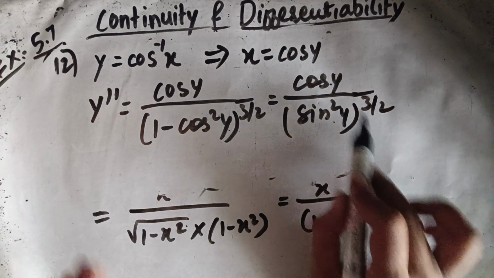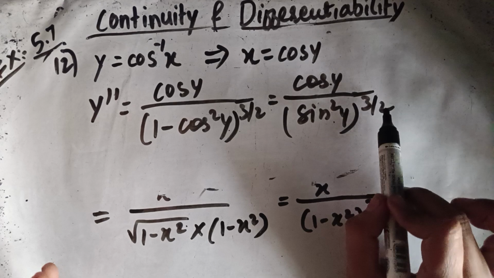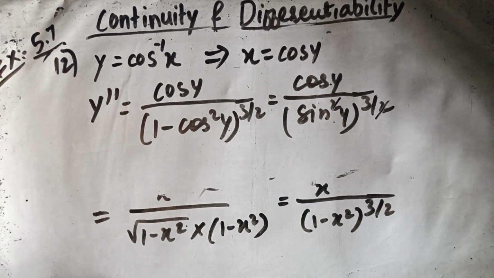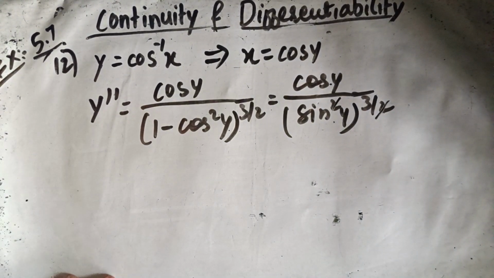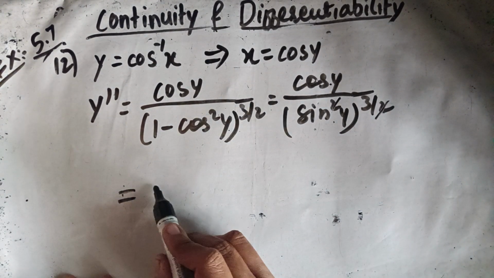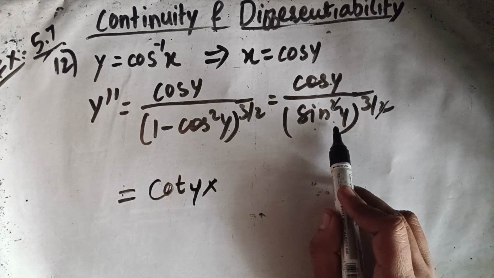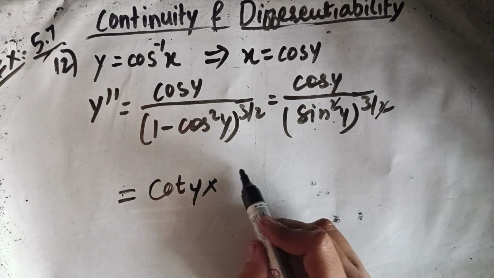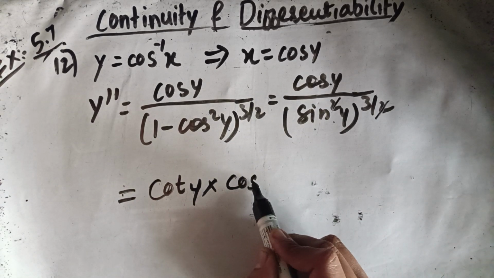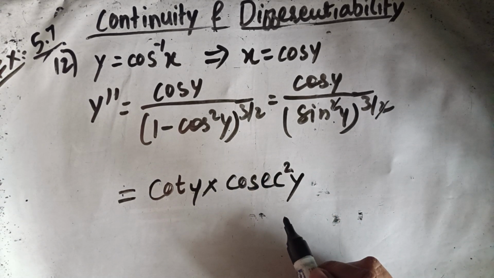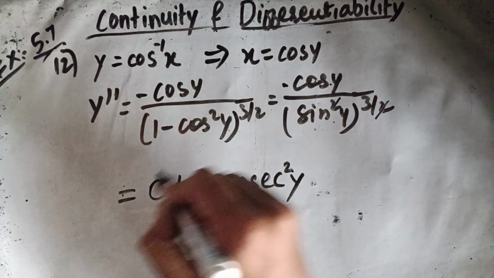So sin square y means this is raised to square, so that square and this 2 gets cancelled. You will get here sin cube. So cos y upon sin y is cot y and remaining thing is 1 upon sin square, so this is cot y cosec square y. And there was minus.